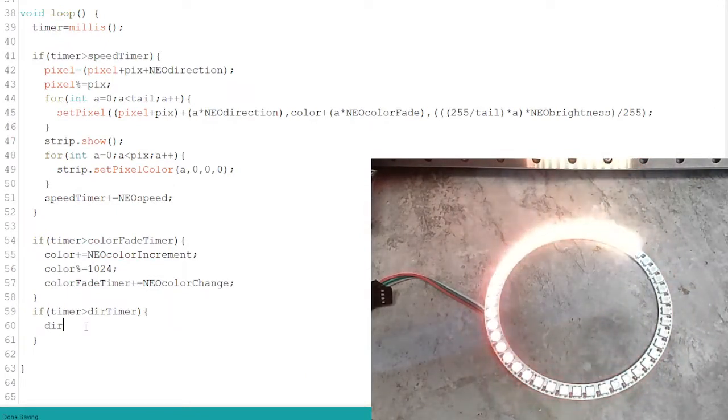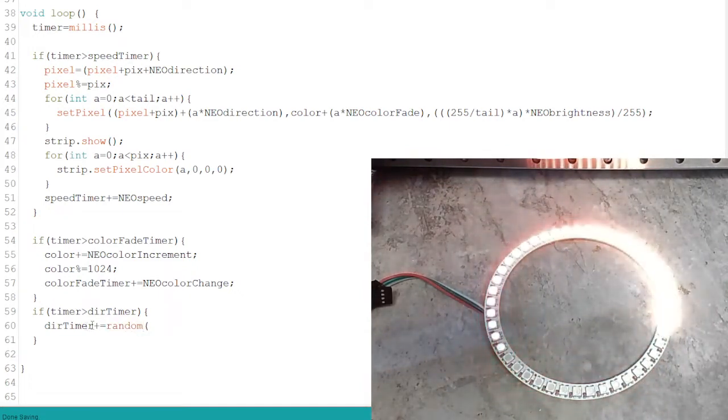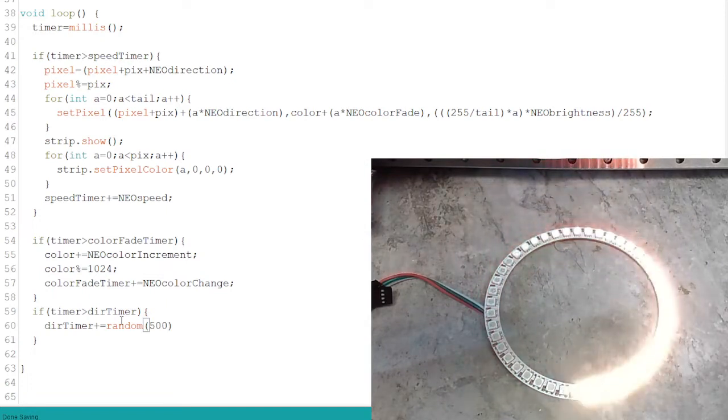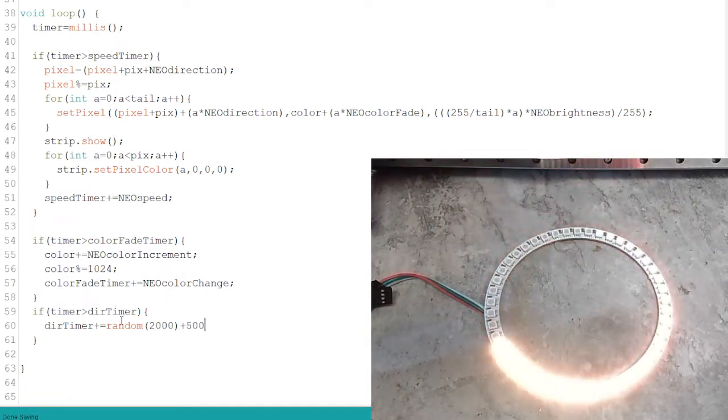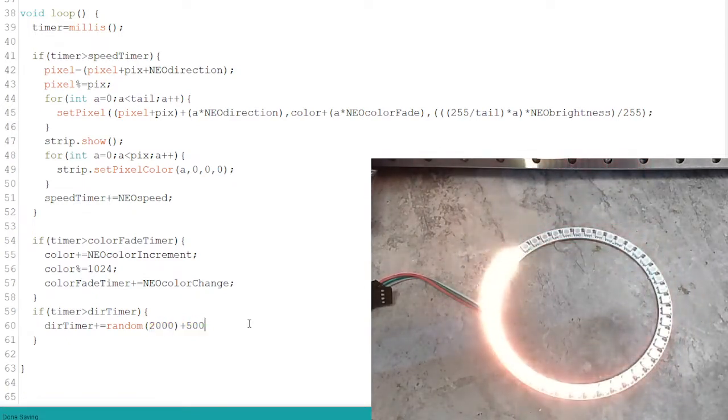So dir timer plus equals, let's do random. Let's go 2000 plus 500. So minimum, it'll be half a second, right? Maximum, it'll be 2.5 seconds. Okay.